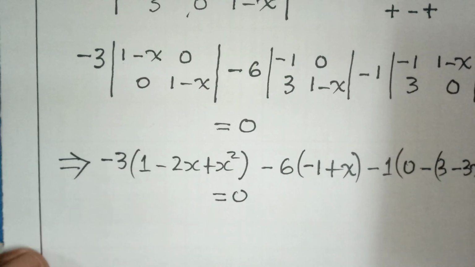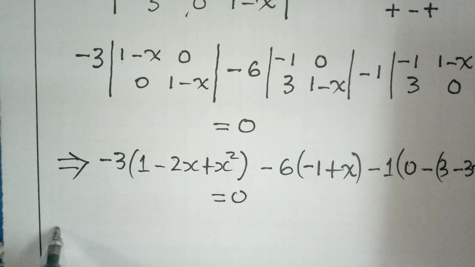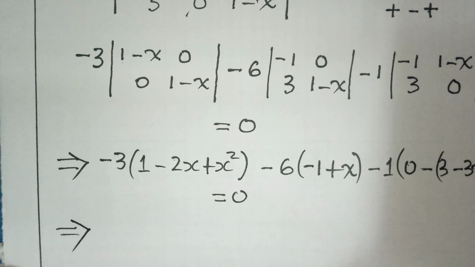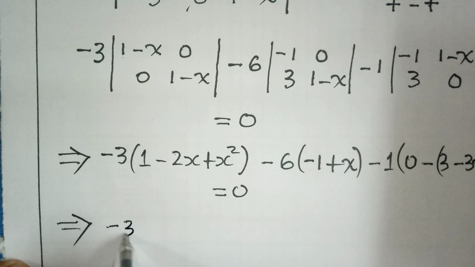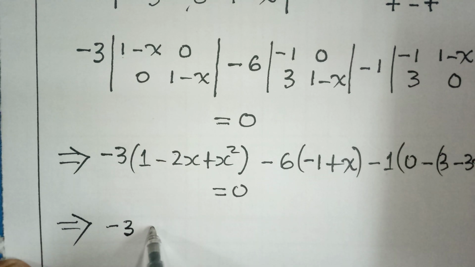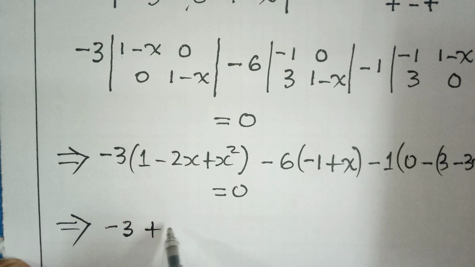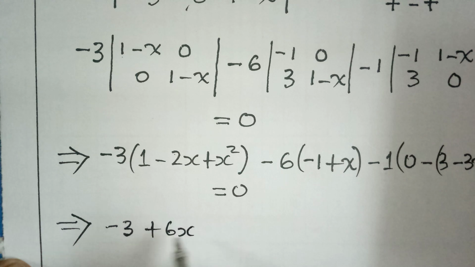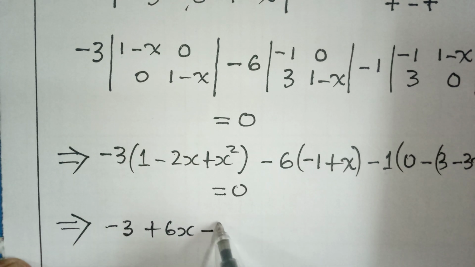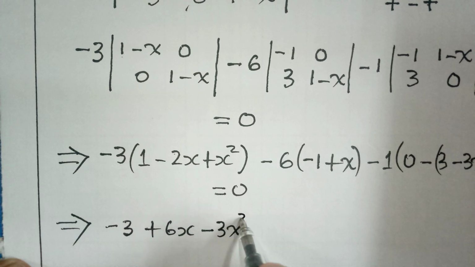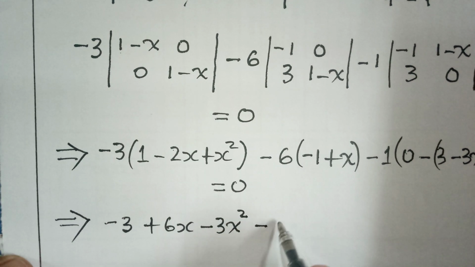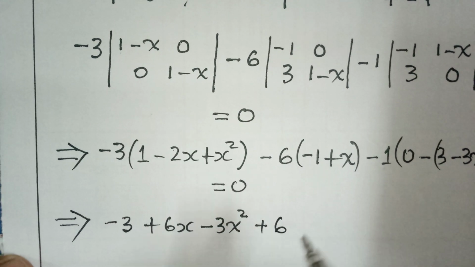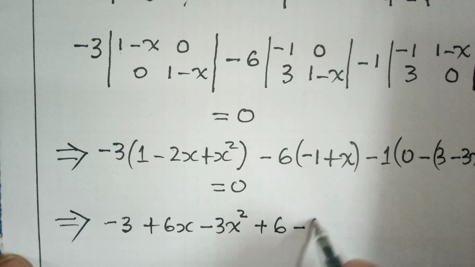So guys, we continue. Then we shall have, multiply 3 by that, we shall get -3 plus 6x minus 3x squared minus 6 plus 6 minus 6x.